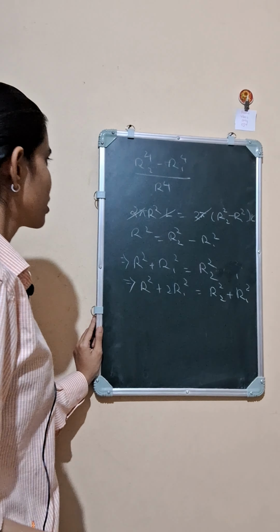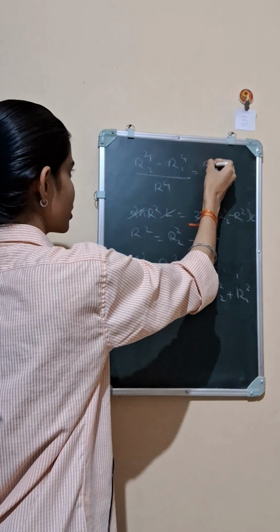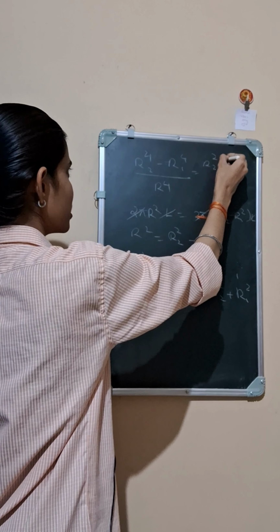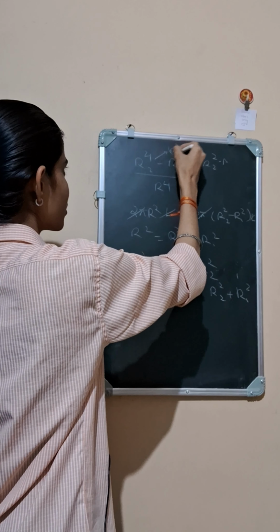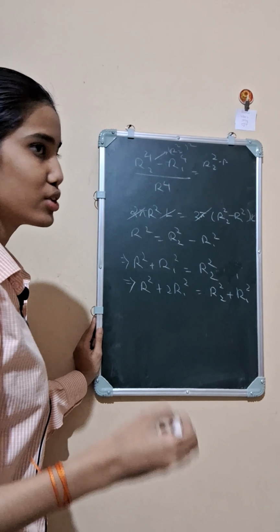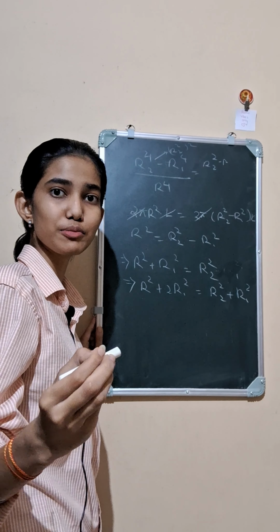Now you know that a square minus b square equals (a minus b) into (a plus b).